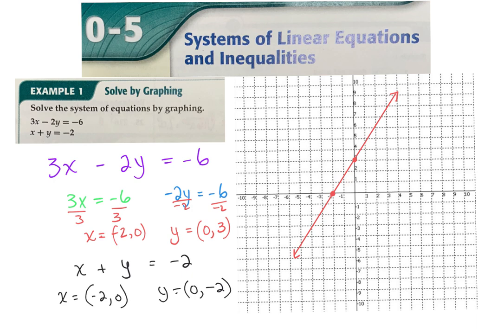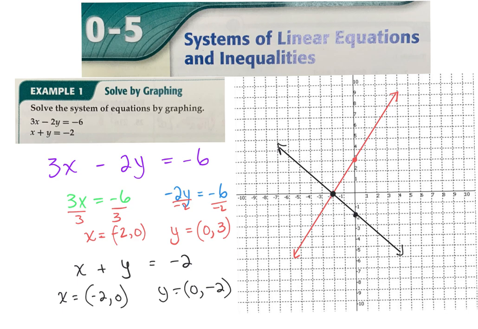So for this one, I go to negative 2, 0, and 0, negative 2. And then I am going to draw a line that goes through those 2 points. All right, and so I have graphed my 2 lines.